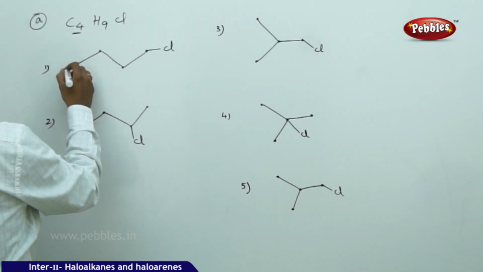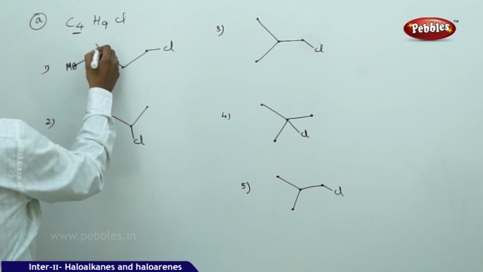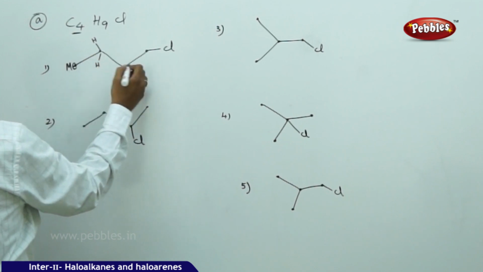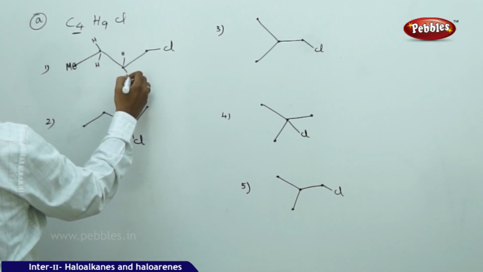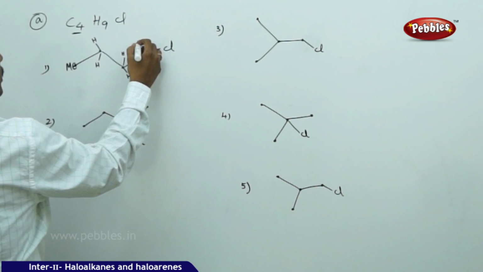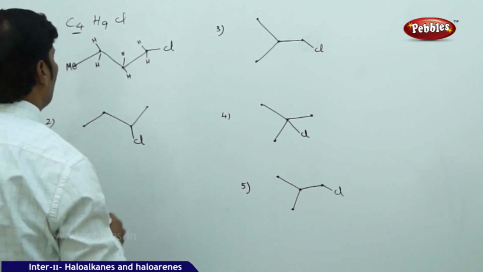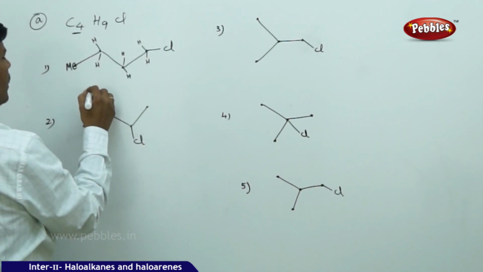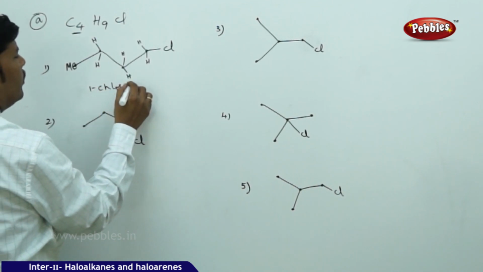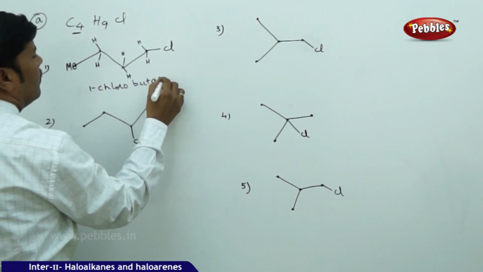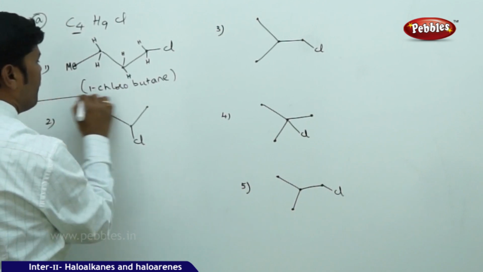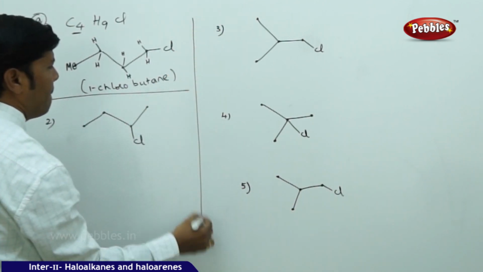Let us satisfy the tetravalency in all these cases, because already one bond is there. So here, this is one methyl group, this is CH2, so I am attaching 2 hydrogens. Here also I am attaching 2 hydrogens, and this is CH2 and this is CH2. So this I can take as 1-chlorobutane.